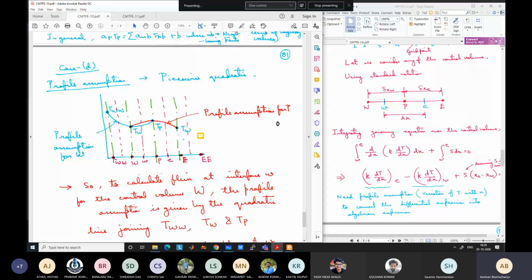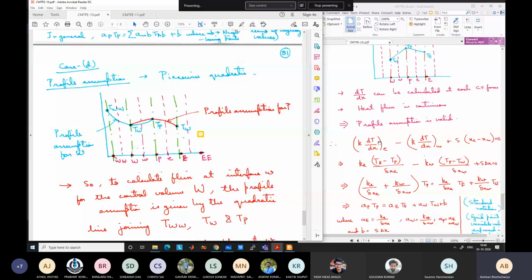So now what is the issue with this? When you are doing the calculation for the control volume P, we are calculating the flux at the east face and west face, k dT/dx east and k dT/dx west. How will you calculate k dT/dx west?